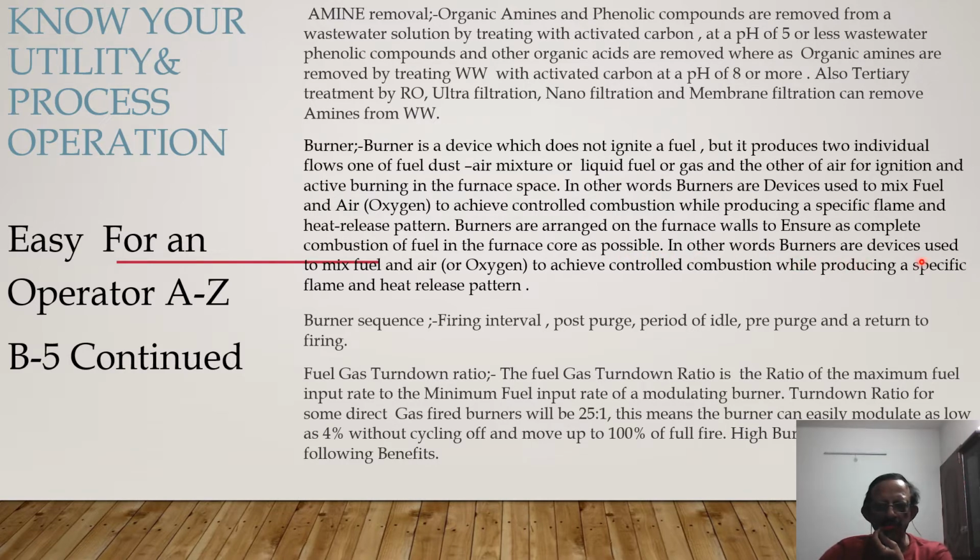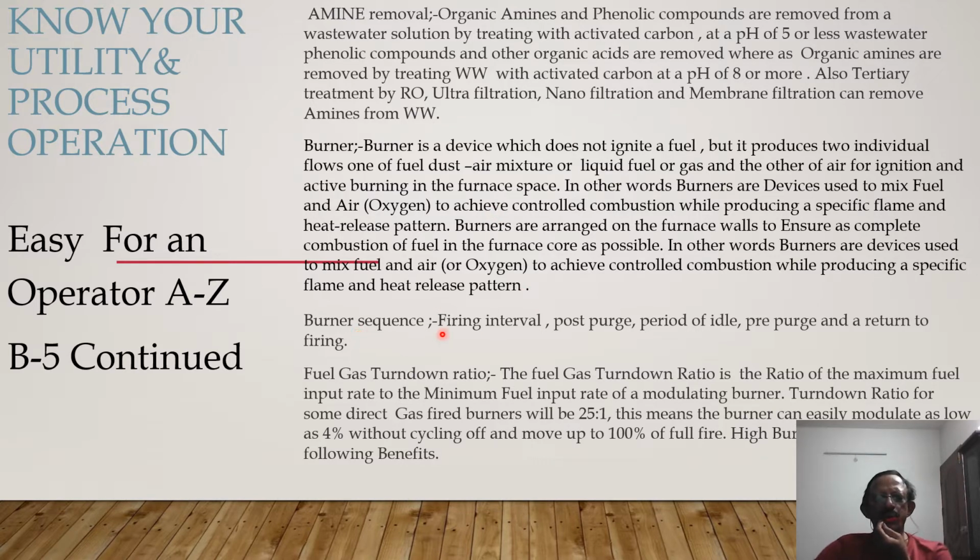If it is a liquid fuel, atomization is required. A nozzle is used with atomization, either mechanical atomization, atomization with steam, or atomization with air. Also, air is supplied through the burner for combustion or firing in the furnace.